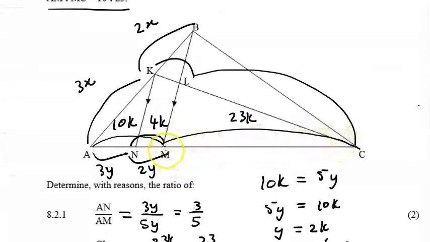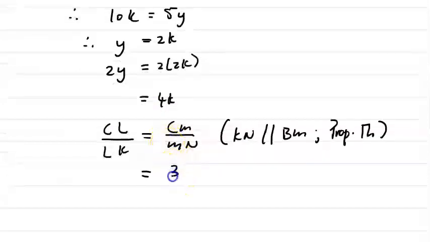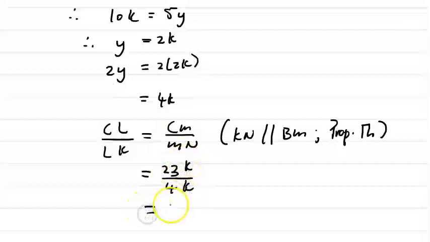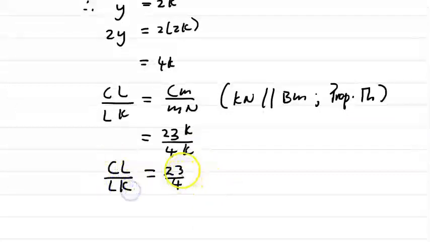So CM over MN is 23K over 4K. K and K cancel, so we're left with 23 over 4. So we can conclude that CL over LK is equal to 23 over 4.